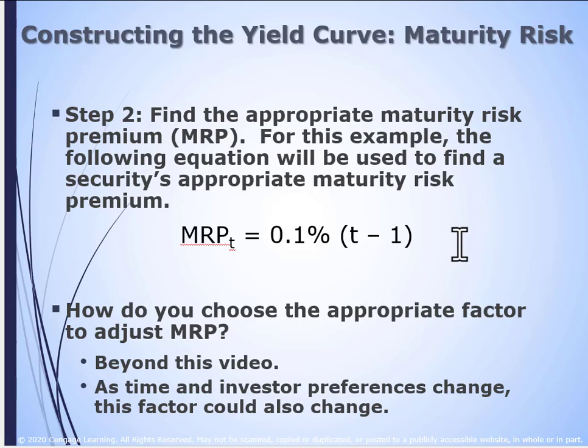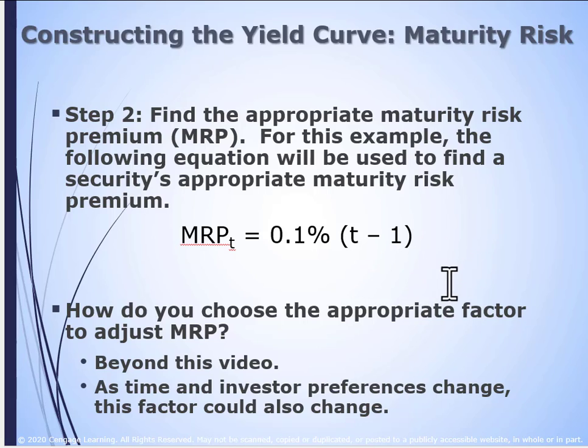Well, we have a basic formula that's used in economics. And again, how we come up with this number is beyond this video. But in general, as time passes, investor preferences change, and this factor could also change. But to find the risk premium, you take 0.1 and multiply that by t minus 1. So t is the time element.